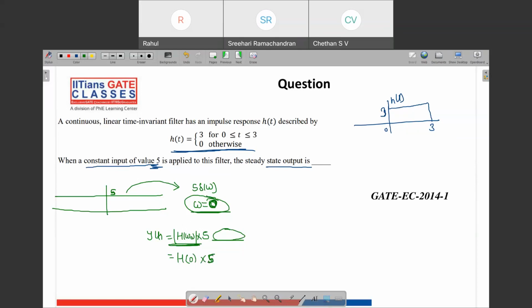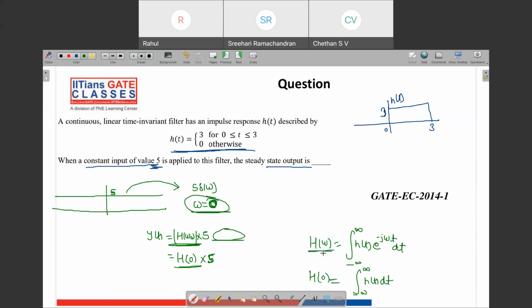Now, here you don't need to calculate the Fourier transform to find h of omega naught, because we know that h of omega is the integral of h of t e to the power minus j omega t dt from minus infinity to infinity. So h of 0 can simply be written as the integral of h of t dt from minus infinity to infinity. You don't need to calculate h of omega and then put omega equal to 0.